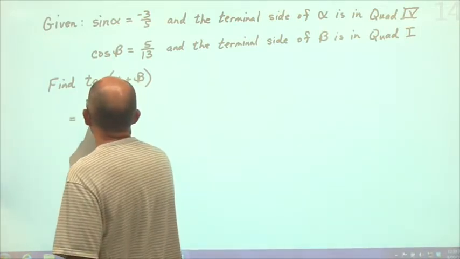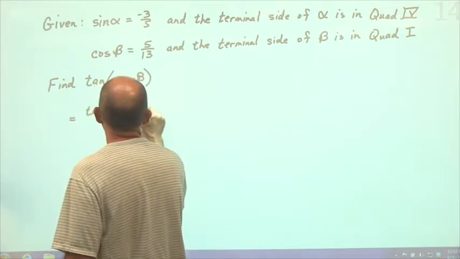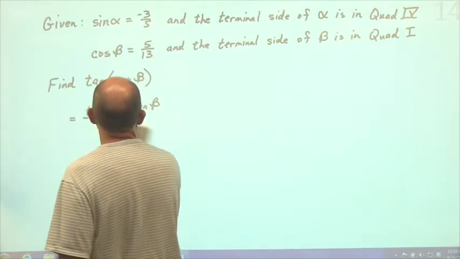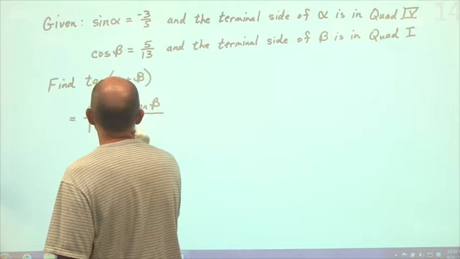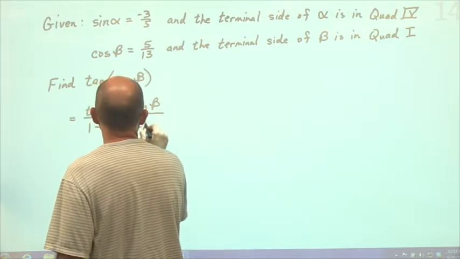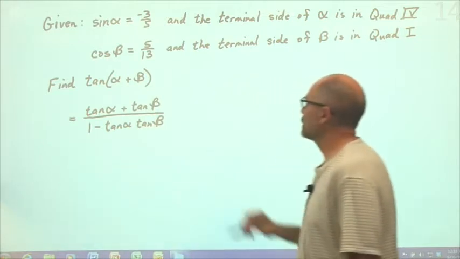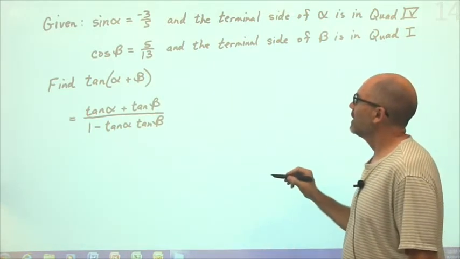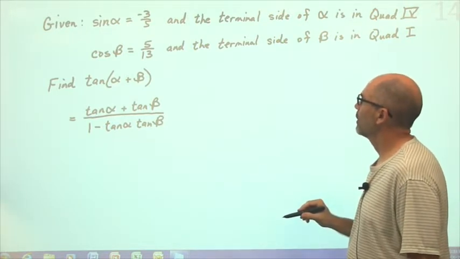Well, it's tangent alpha plus tangent beta over 1 minus tangent alpha tangent beta. That's just our identity.